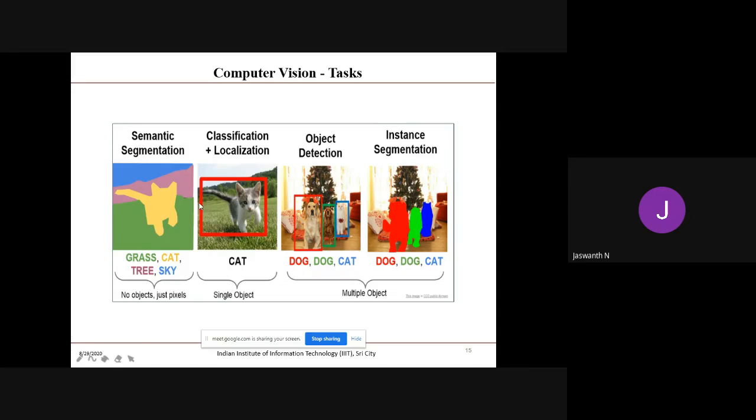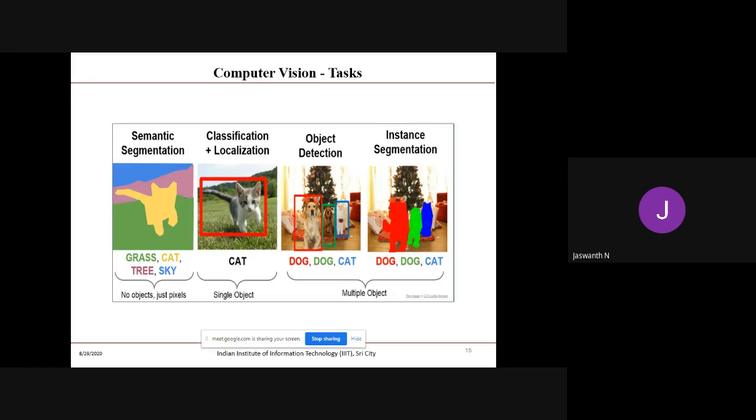For example, this is the entire image space, where this red bounding box represents only your object, that is, it is trying to localize your object in the entire x and y two-dimensional image. Object detection is once again detecting your objects based on some ground truth information like x, y, and width and height coordinates, etc.